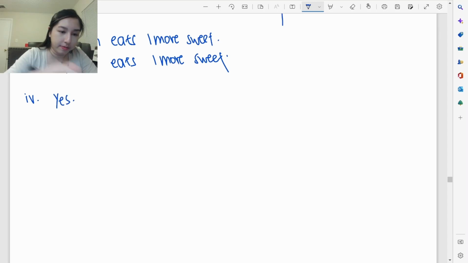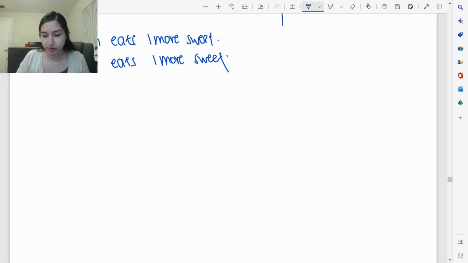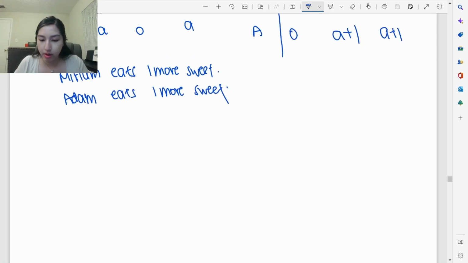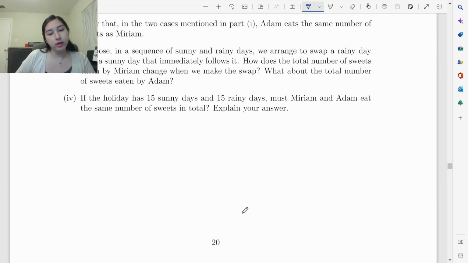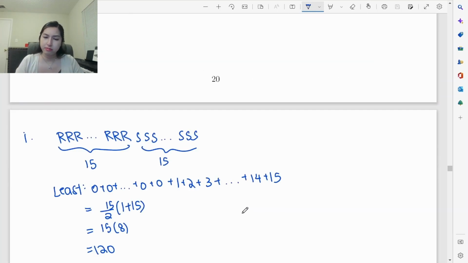Alright, let's look at the last part. If the holiday has 15 sunny days and 15 rainy days, must they eat the same number of sweets in total? Explain.